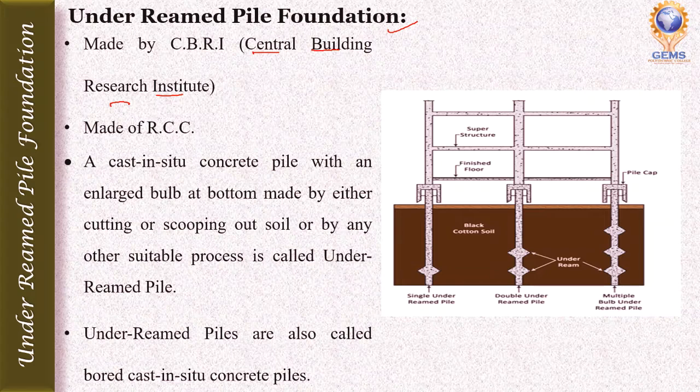A cast-in situ concrete pile with an enlarged bulb at the bottom, like this enlarged bulb, made by either cutting or scooping out soil or by any other suitable process, is called an under-reamed pile. These under-reamed piles are also called bored cast-in situ concrete piles.